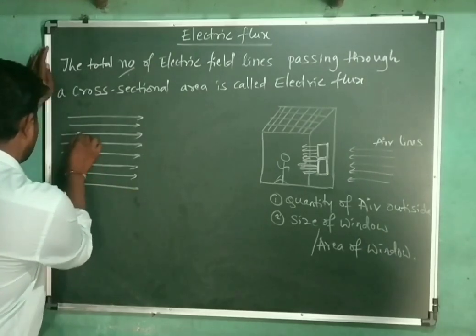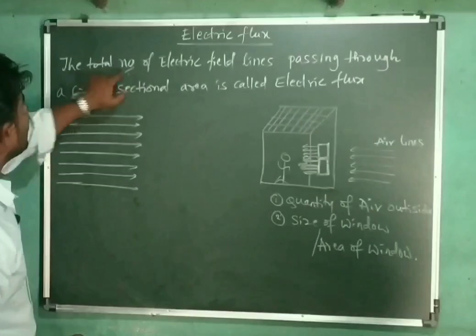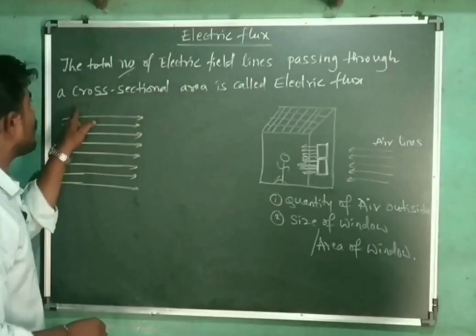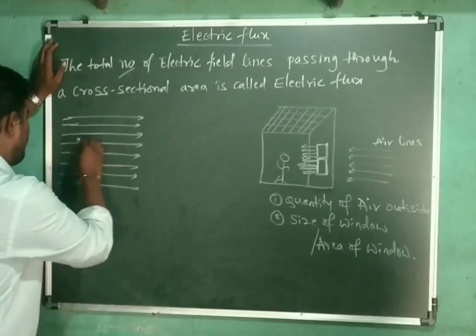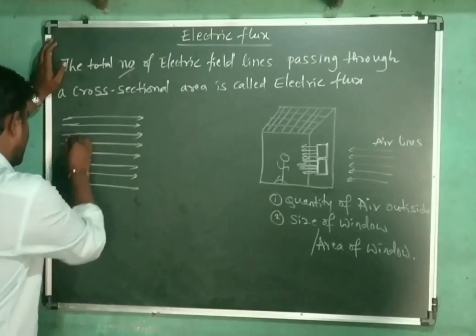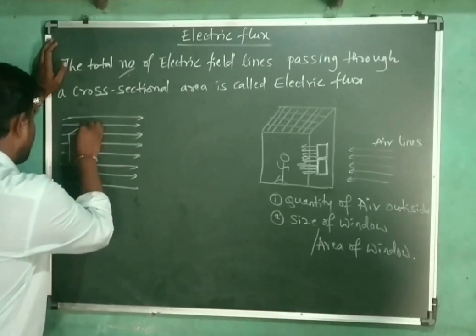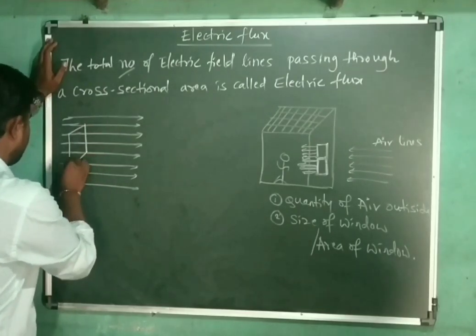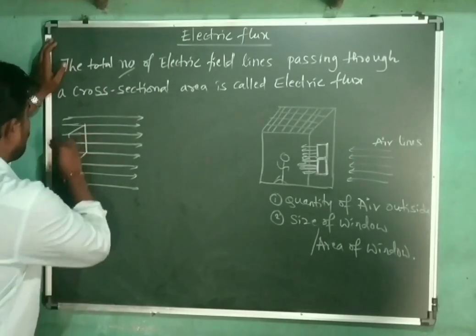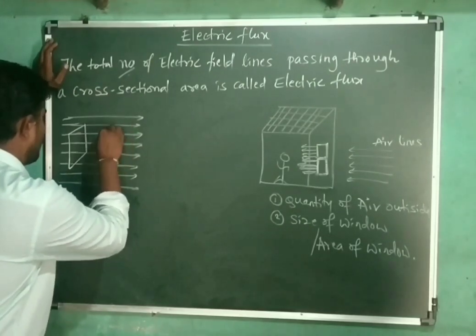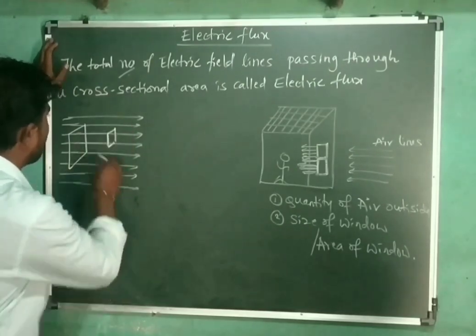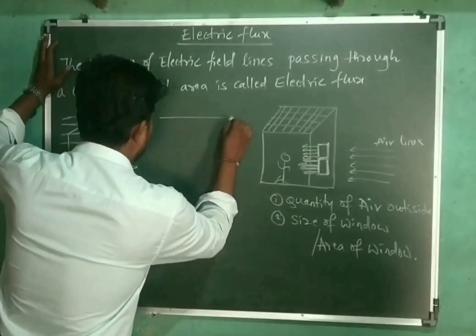According to our definition, the total number of electric field lines passing through a cross-sectional area is there. These are electric field lines, and we shall consider one area here. This is area. One more small area you will consider. This is small area. And again one more electric field.